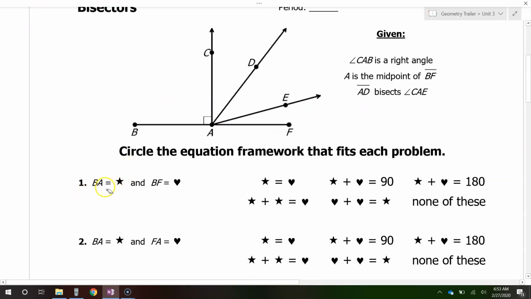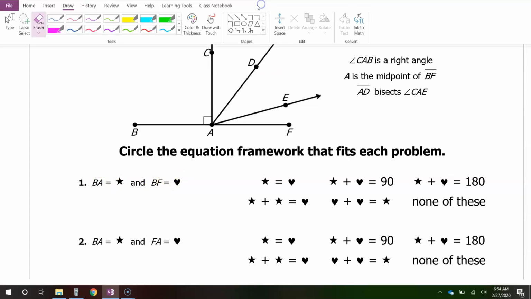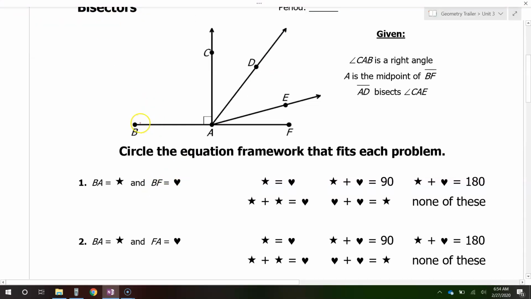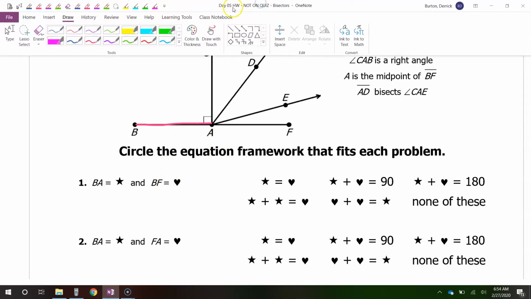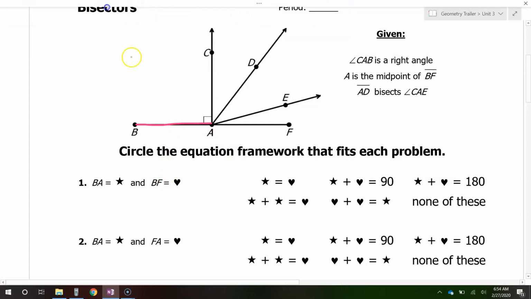So look at the distance between B and A, and look at the length of segment BF. BA is right here, and BF is this.